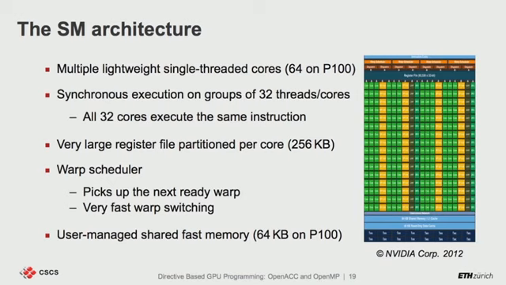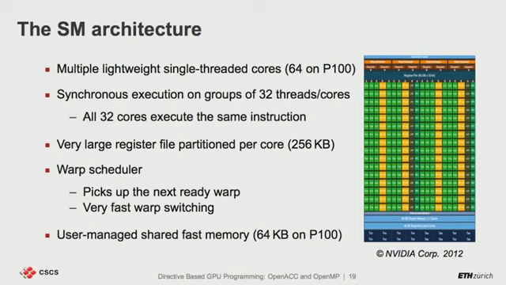It doesn't have any of the heavyweight logic of branch prediction, out-of-order execution and that stuff that normal CPUs have, and they use lots of energy for that. These are simple, lightweight cores.